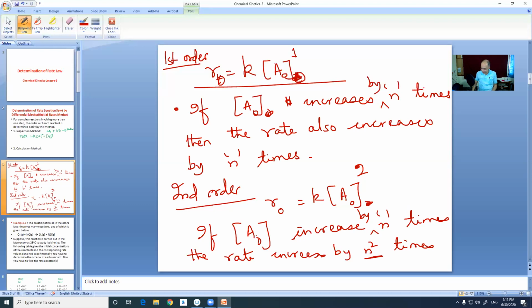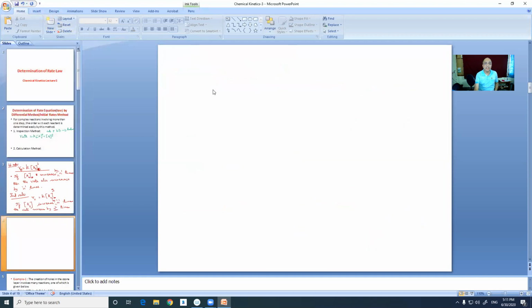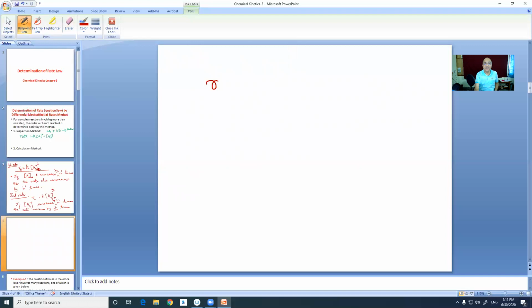Understand? Similarly, if this is a third order reaction, for example, we completed first order, second order, then third order.